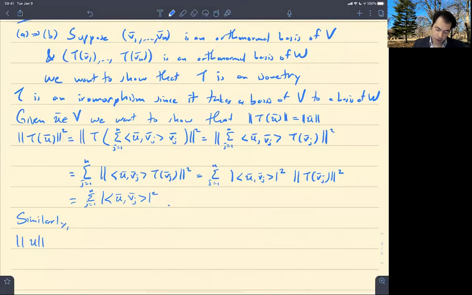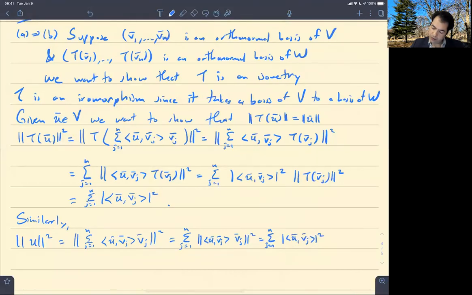if I start with the norm of u squared, then I can proceed in the same way, write this in terms of the orthonormal basis, so the inner product of u with vj times vj, and then because each of these terms is orthogonal to each of the other ones, I can use the Pythagorean theorem to write this as the norm of the inner product of u with vj times vj, squared, and then I can pull out the coefficient: the sum, j goes from 1 to n, of the modulus of the inner product of u with vj, squared, times the norm of vj squared.